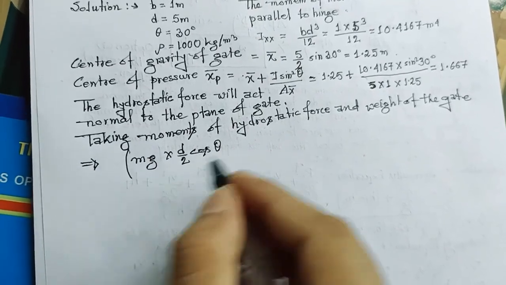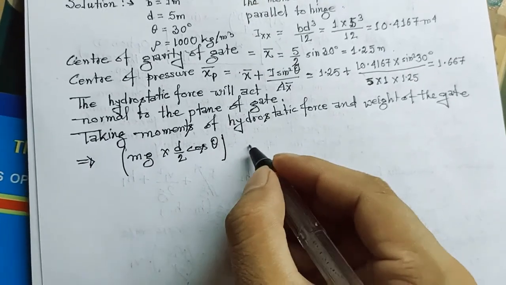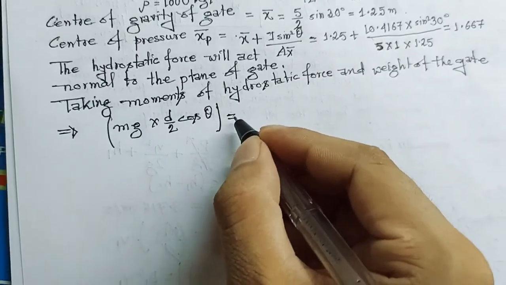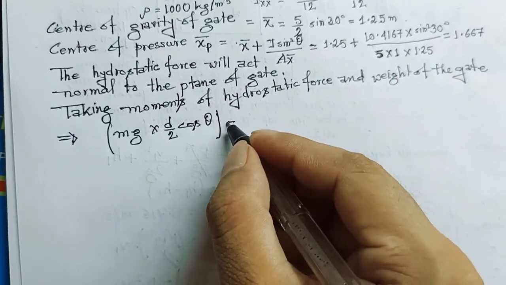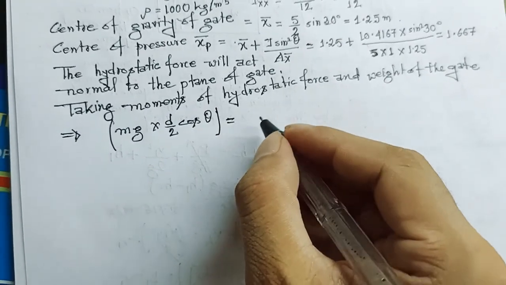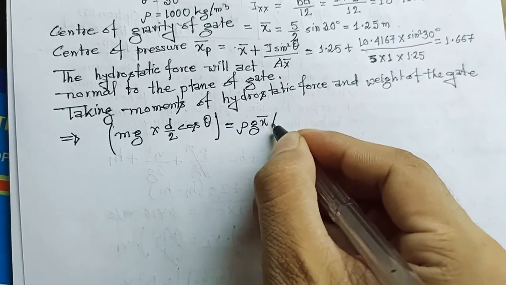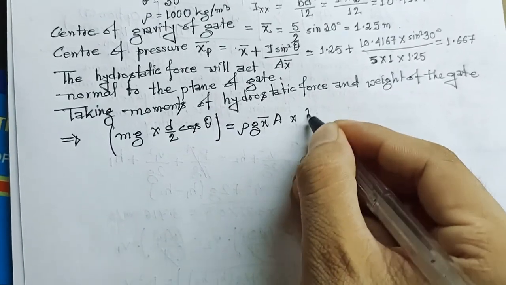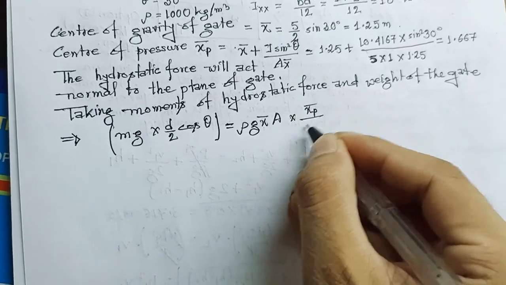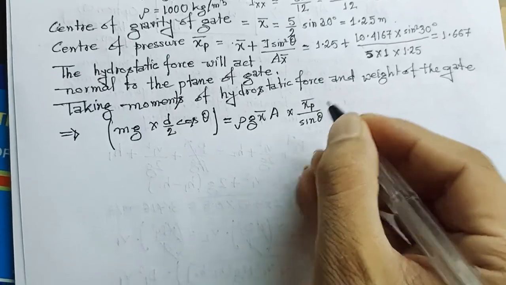This is the moment for weight, and it will be equal to the moment of the hydrostatic force. The moment of the hydrostatic force is equal to rho g x bar A multiplied by xp bar divided by sin theta.